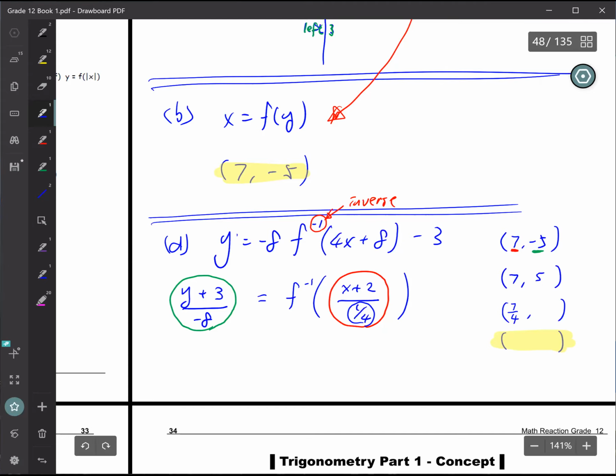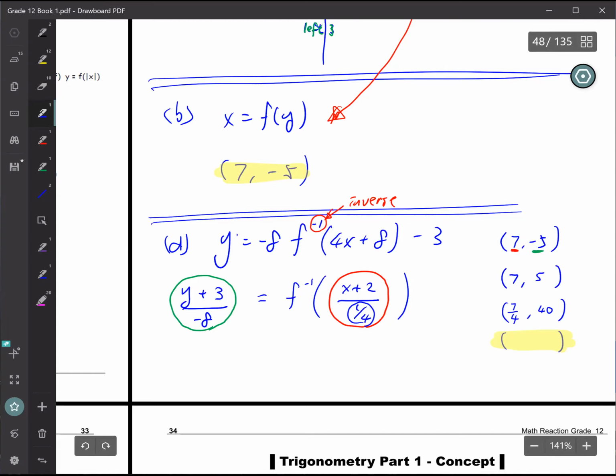Okay, and then the 5 becomes what, Braden? Negative 40? Okay, it will be positive 40, because we already used the negative, okay?